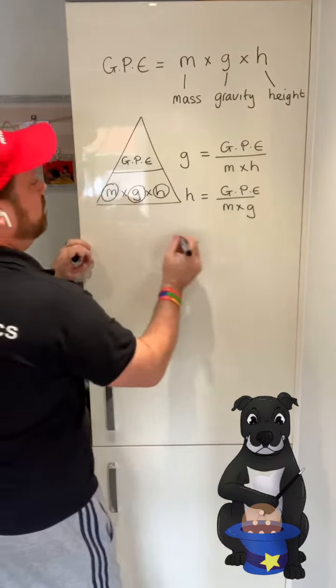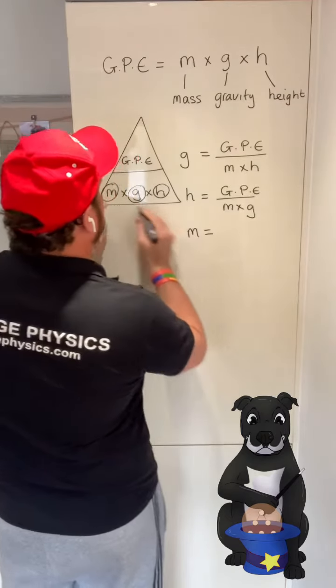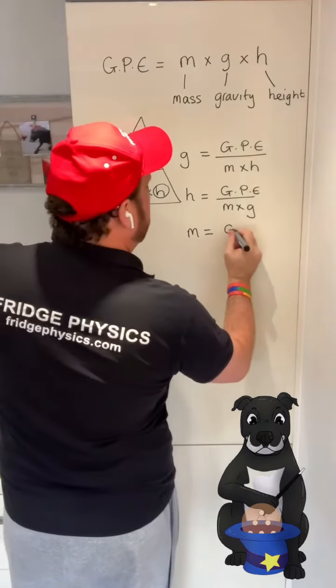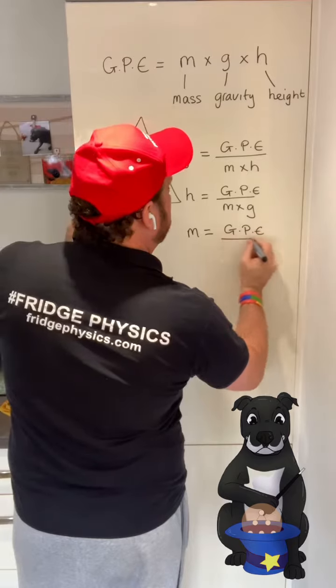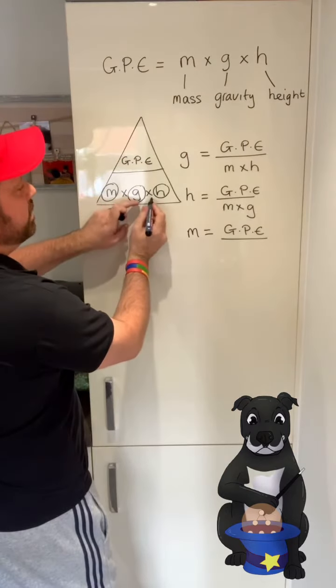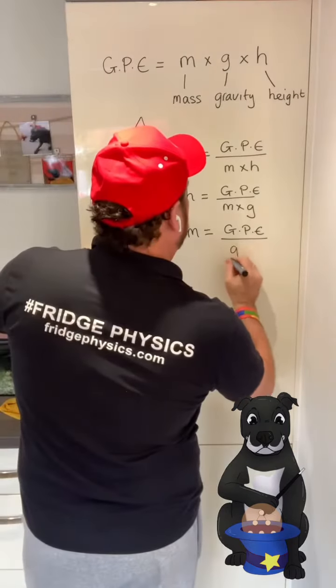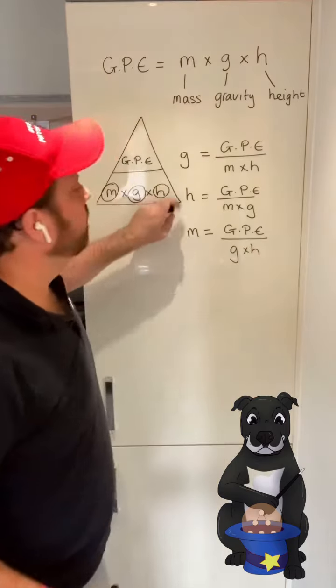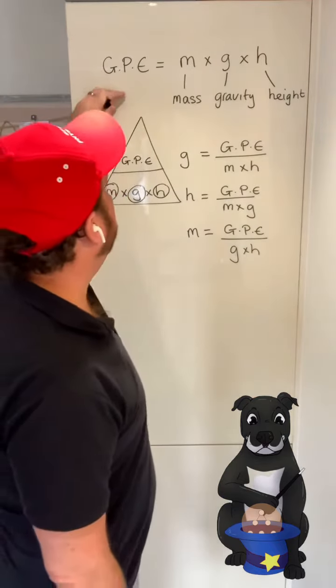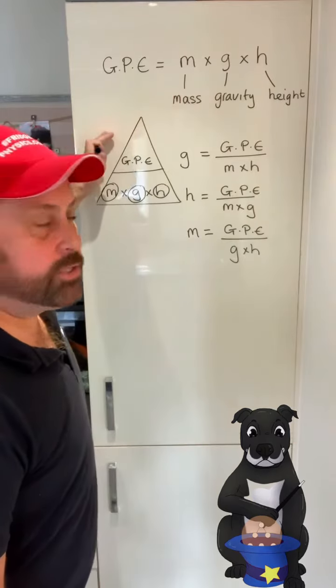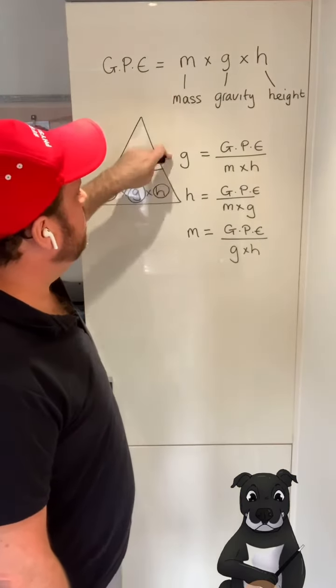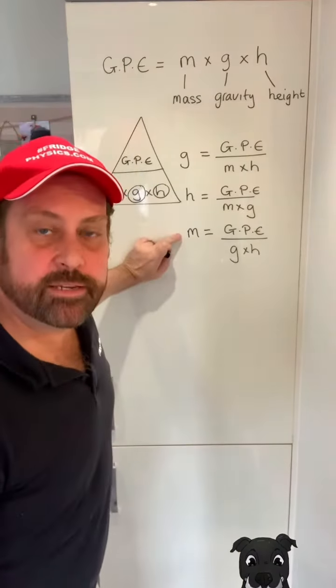Really straightforward. So mass equals GPE divided by gravity times by height. So that's how you would put an equation that appears like this into a magic triangle, and how you would transpose it to make each of the values the subject.